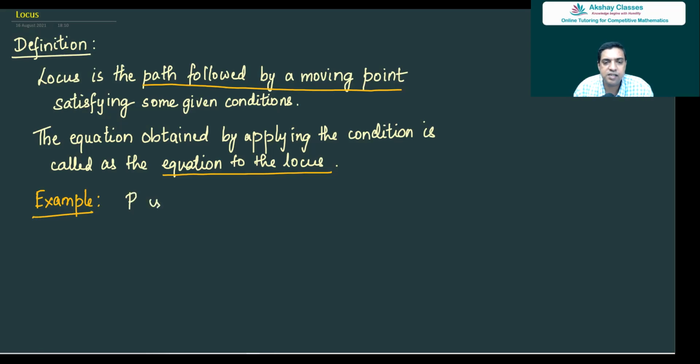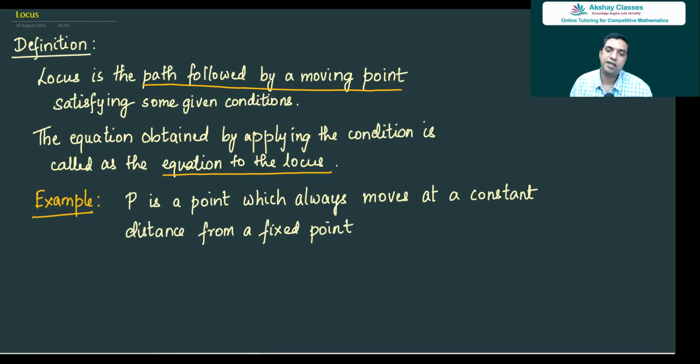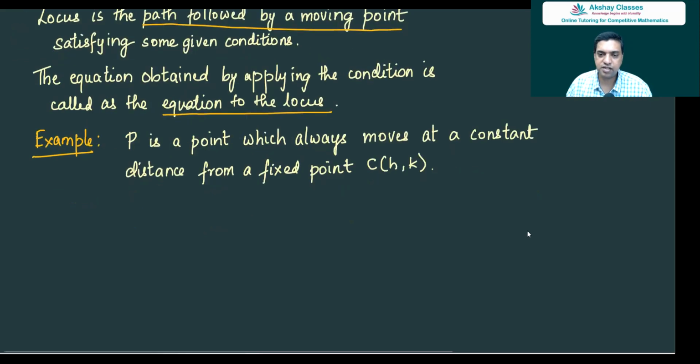P is a point which always moves at a constant distance from a fixed point, say C(h, k).